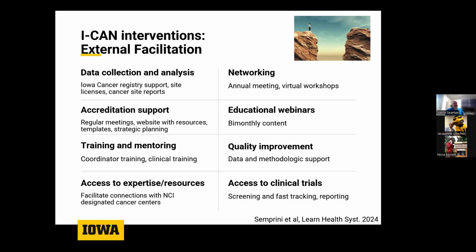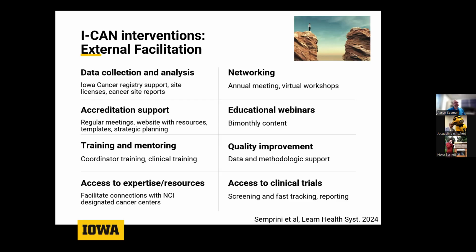We provided site licenses and cancer site reports back to them as well with their specific data to be able to provide some insight into their quality metrics. We provided accreditation support, including regular meetings, a website with specific resources, templates in terms of policy and procedures, in terms of other tracking for cancer committees.